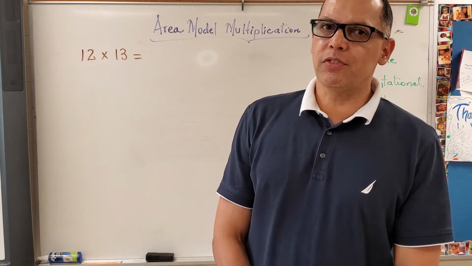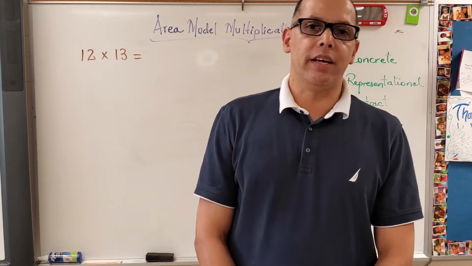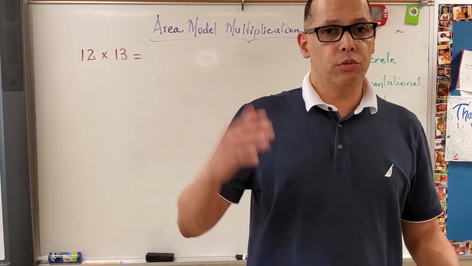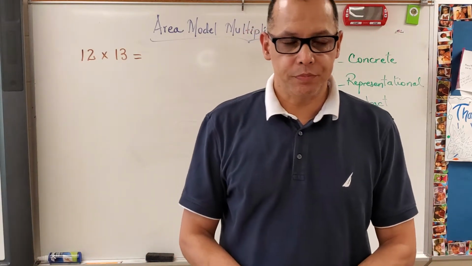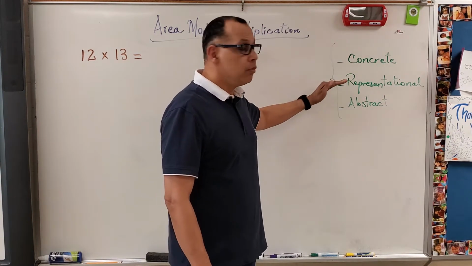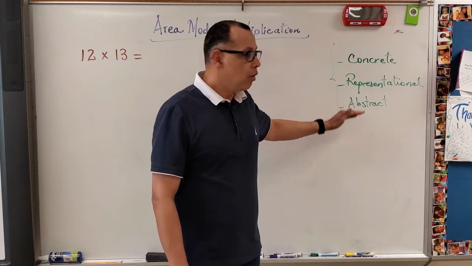Now, in the previous video, we also said that when we teach a new concept in math, we always go from the concrete to the abstract part of learning. We go from concrete, then we move to representational, and then we go to the abstract. What is the concrete?